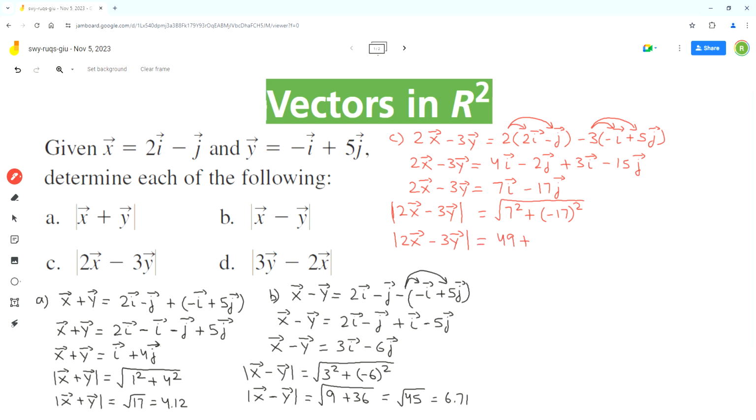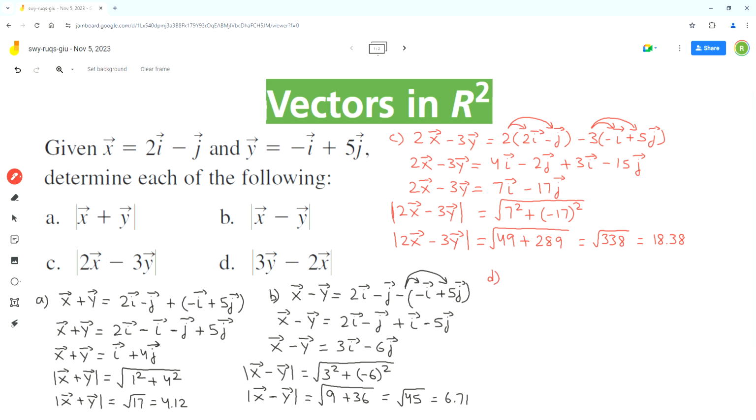And negative 17 squared is equal to 289. We can add these numbers. So I got 18.38. So this should be the final answer for part C. Now we can analyze part D.